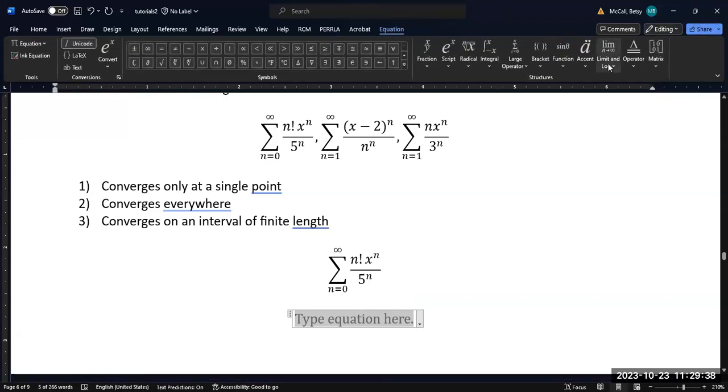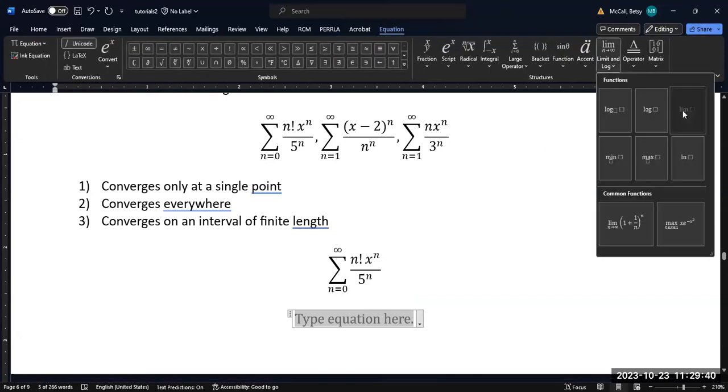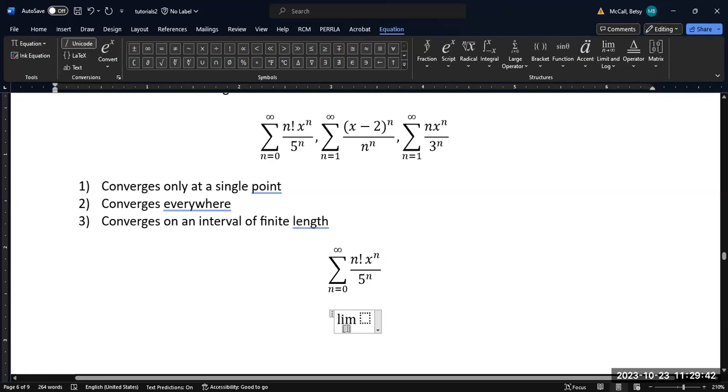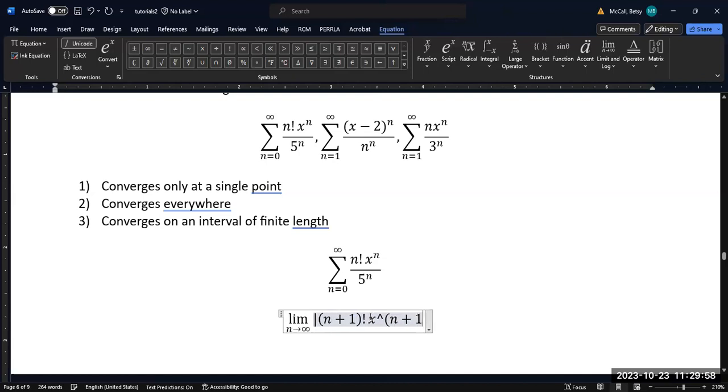Now, recall that our ratio test is going to be the limit as n goes to infinity of the n plus first term, so n plus 1 factorial, x to the n plus 1 divided by 5 to the n, and then divided by the original term.